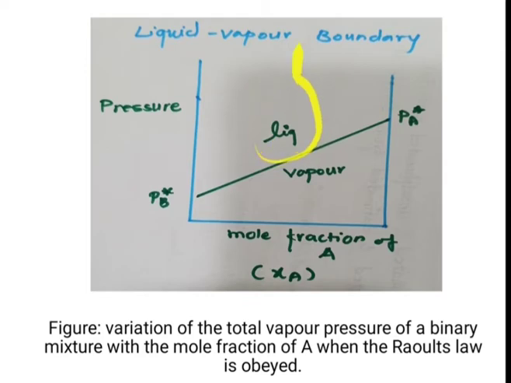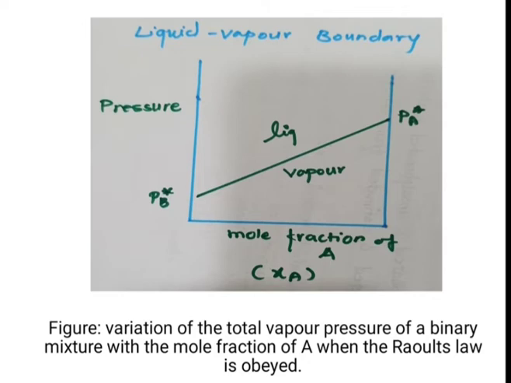Here is the liquid phase and here is the vapor phase. These two phases are separate, and this figure shows the variation of the total vapor pressure of a binary mixture with the mole fraction of A when Raoult's law is obeyed.